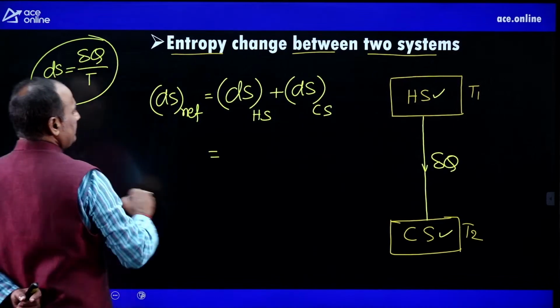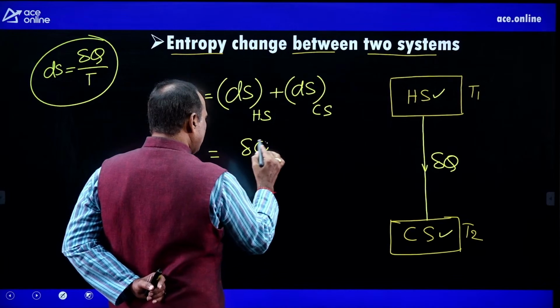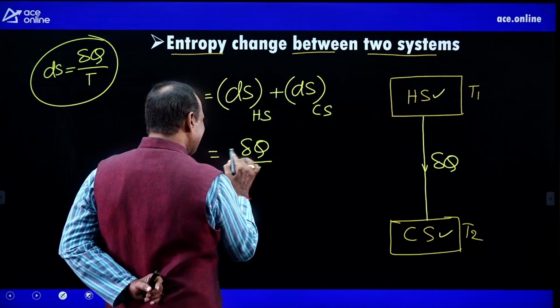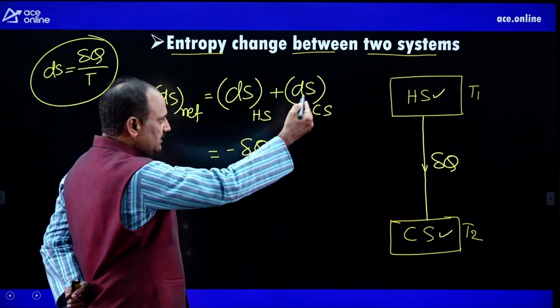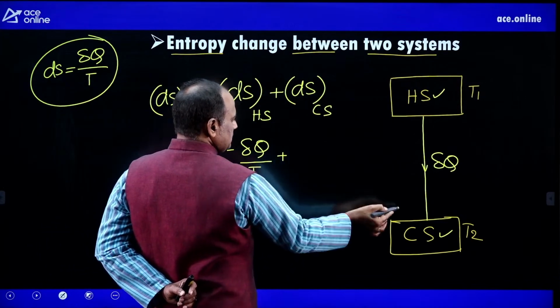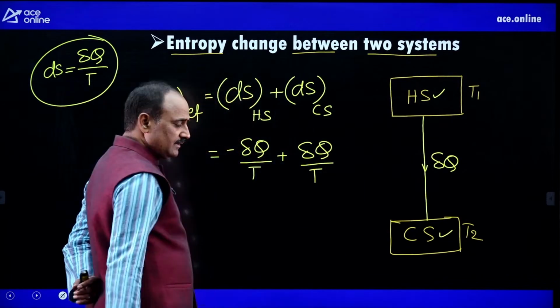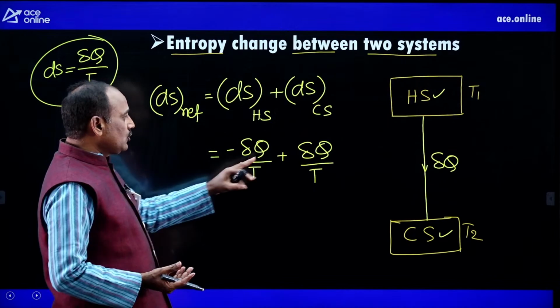That is the general formula. Then dS for the hot source equals del Q by T, but that is negative because the hot source is losing that much amount of heat energy, plus dS for the cold source, del Q by T. That is how you can decide the net entropy change between the hot source and the cold source.